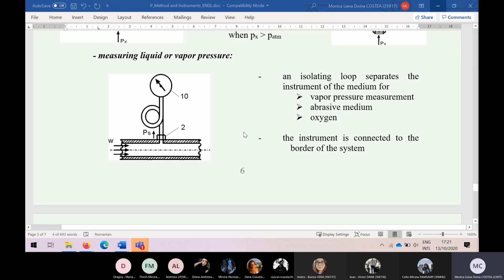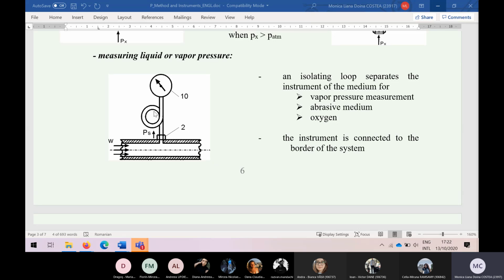Generally, this apparatus allows either gas or liquid, not a mixture of them. So this loop will make the steam condense, and only liquid will enter inside. The second case is an abrasive medium being handled, where we also need information about the pressure.